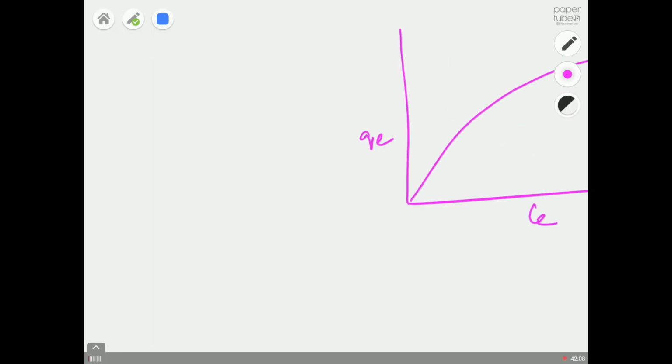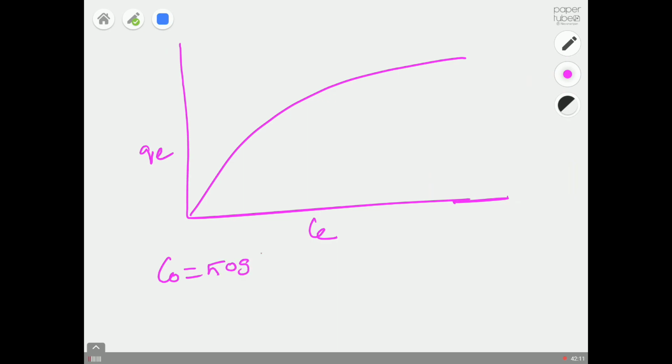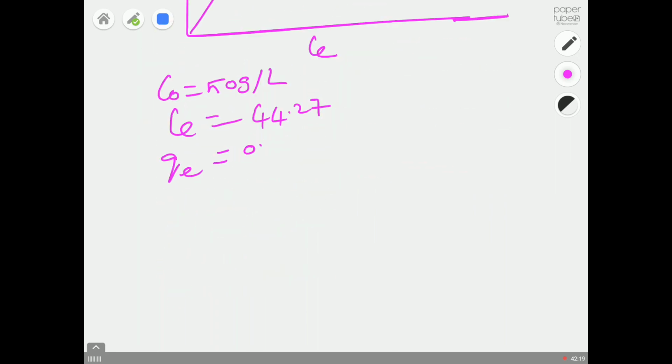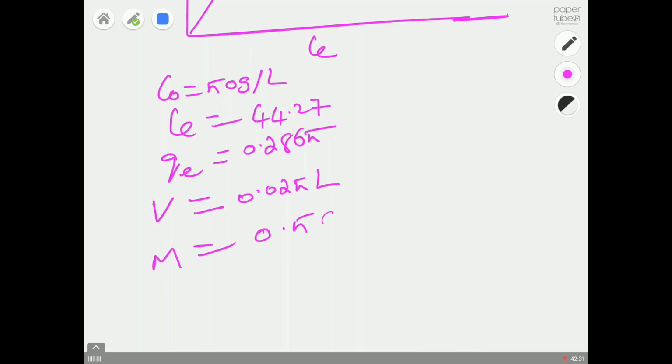So we know C0 is 50 grams per liter, CE is 44.27, and QE is 0.2865, and we did the experiment with volume 0.025 liters and mass equal to 0.5 grams.